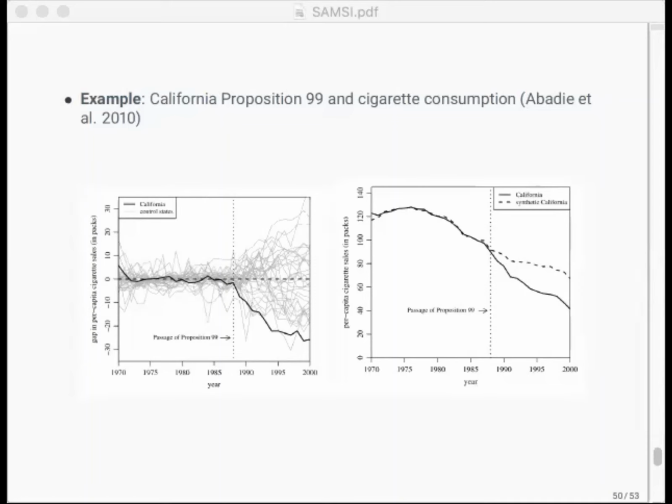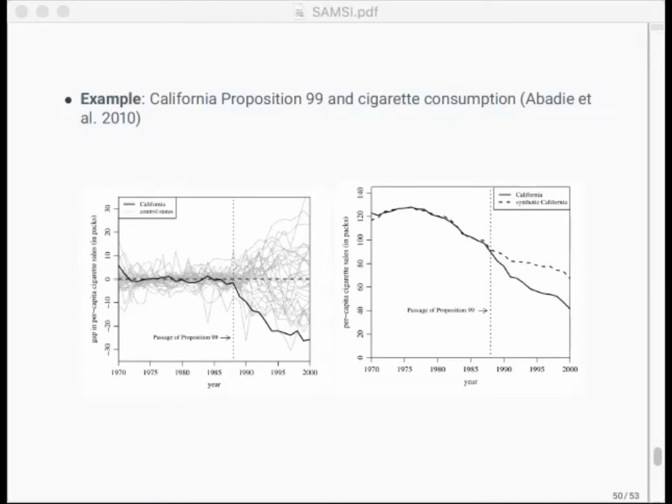And you can see in this left-hand graph that this is comparing tobacco consumption in California with candidate control states. None of these states is a perfect match for California in the time period before the passage of Proposition 99. And if we don't have perfectly parallel trends before the passage of Proposition 99, then there's a good chance that the parallel trends assumption would be violated for the entire analysis.